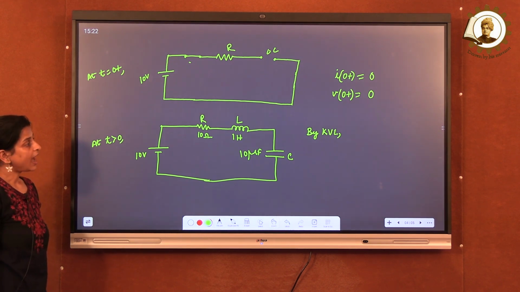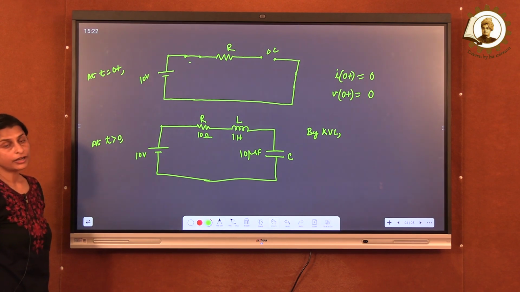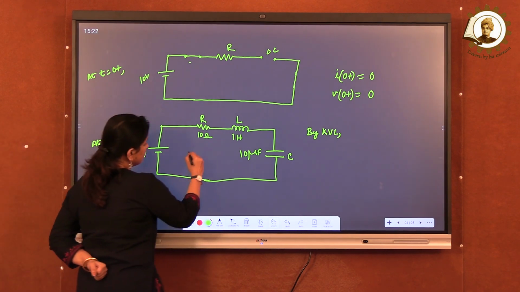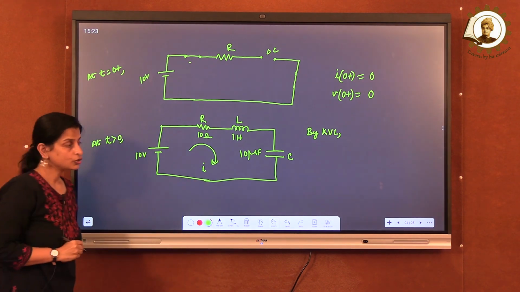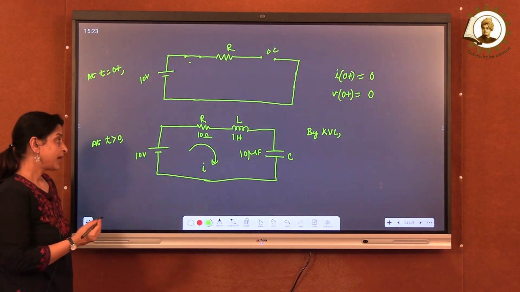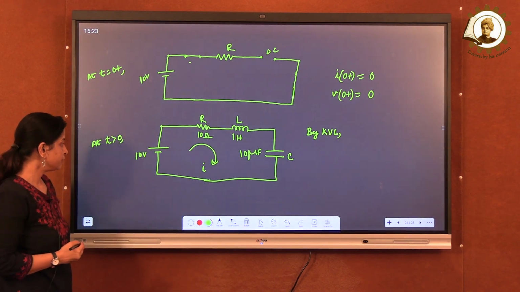So now we have to apply KVL for calculating the current. The current flowing through it, let us consider I. So how we can get the equation by applying KVL?